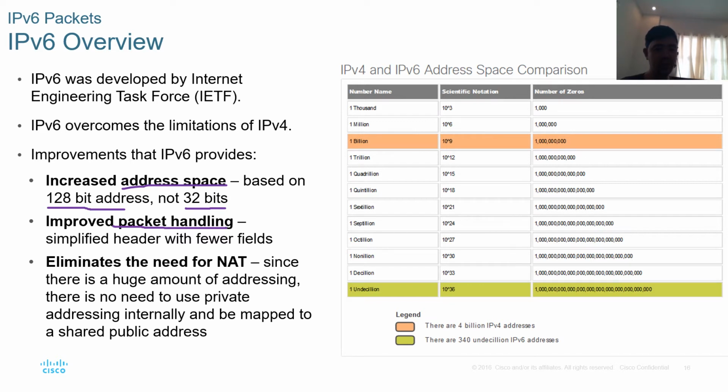Another, there's no NAT in IPv6. The good thing about having no NAT in IPv6 is like this. For example, in Mapua Makati, the laboratory computers we have there are set up with a private IP. When we connect to the internet, we need to have a public IP.